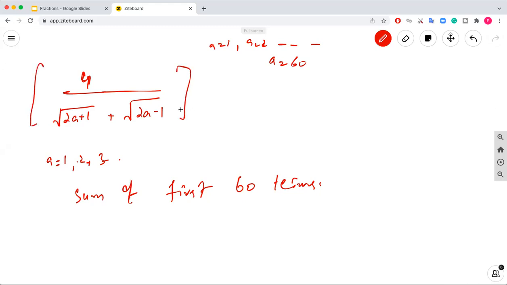I'm saying take a equal to 1, 2, 3 up to 60 and give me the summation of that. So what will be the answer?